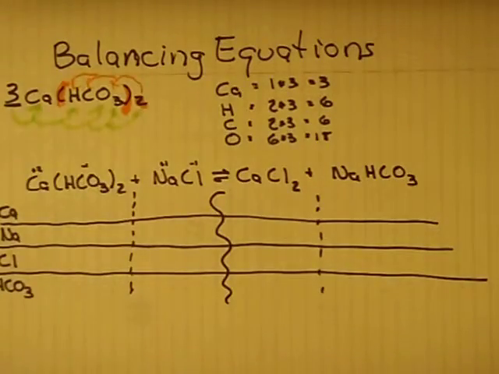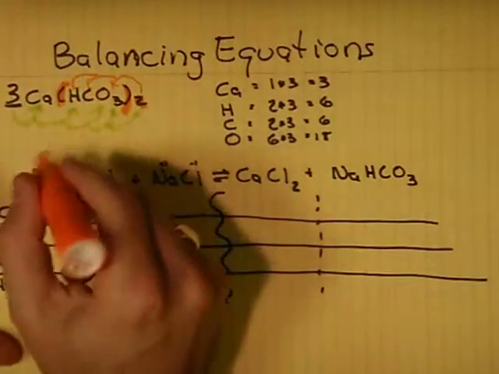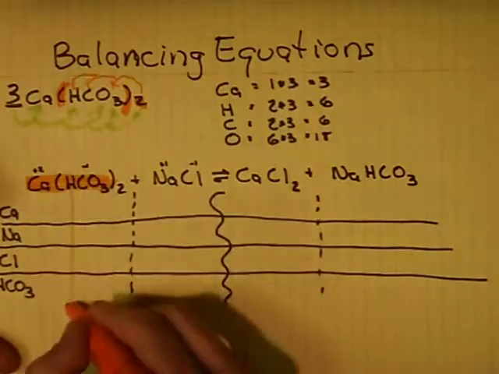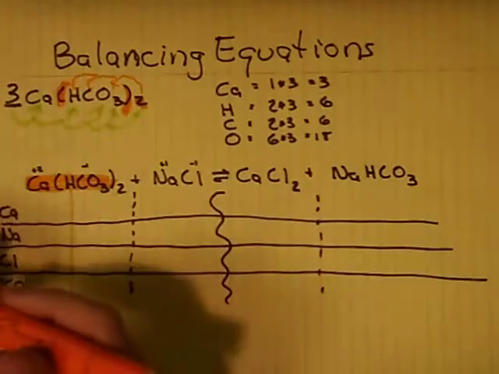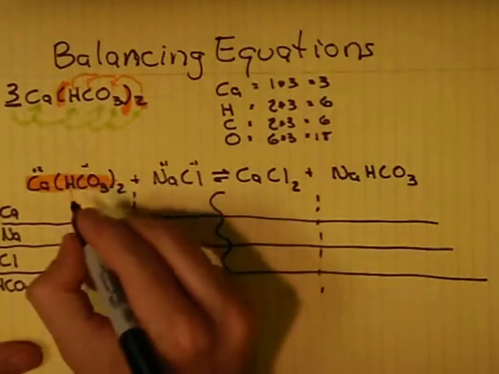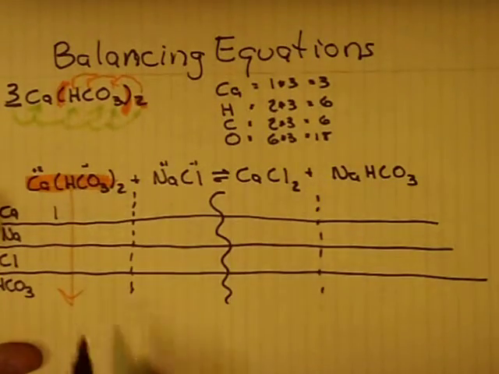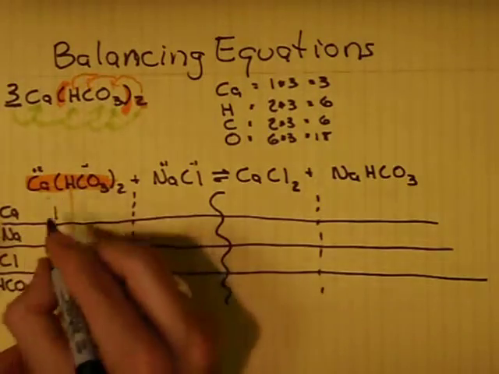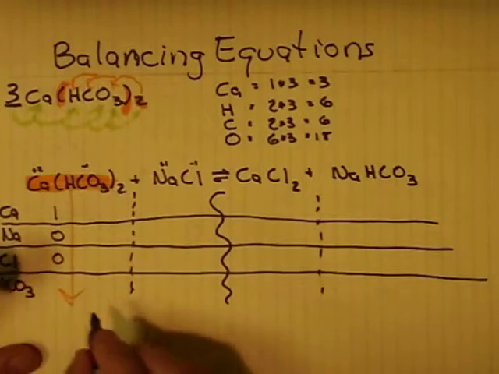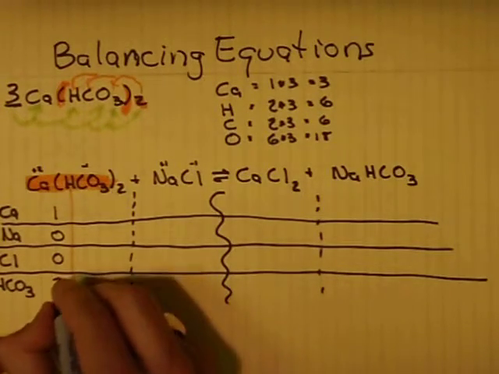So whatever is up top, we're just going to go down and see how many of those we have. So calcium, we've got 1. Sodium, none, none here. Chlorine, none. Bicarbonate, we have 2.